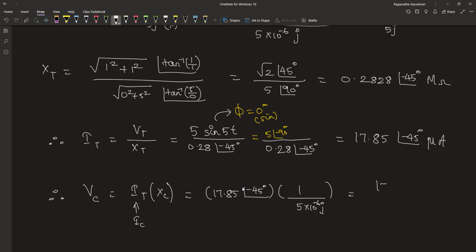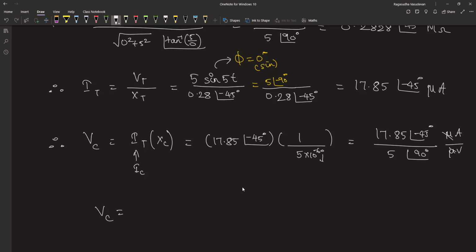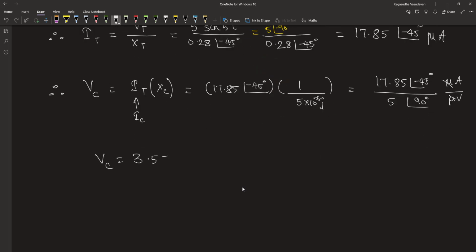This is equal to 17.85 angle minus 45 degrees divided by pi angle 90 degrees. This is in microampere and this is in microvolt. So these two will be cancelled. The voltage across the capacitor will be 3.57 angle minus 135 degree volt.